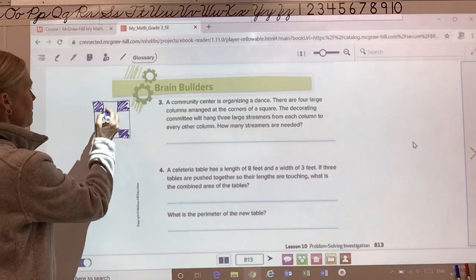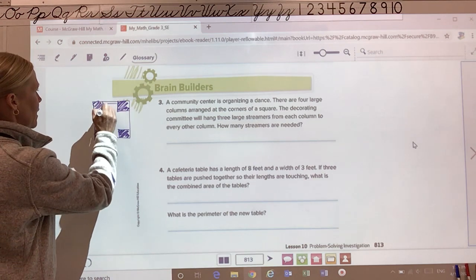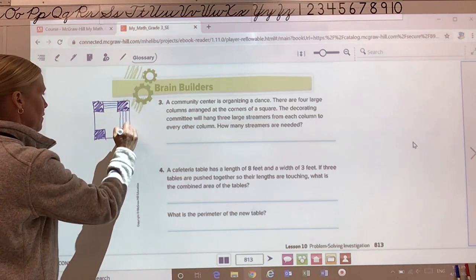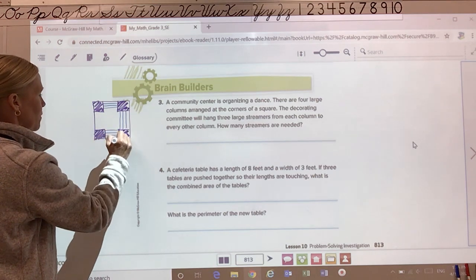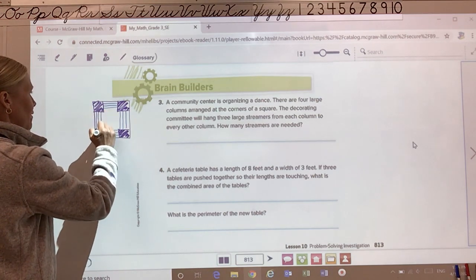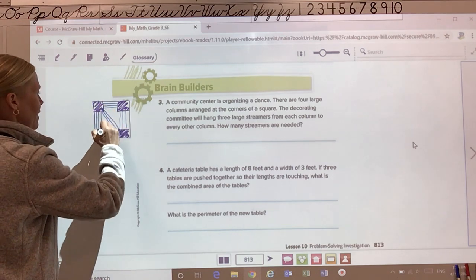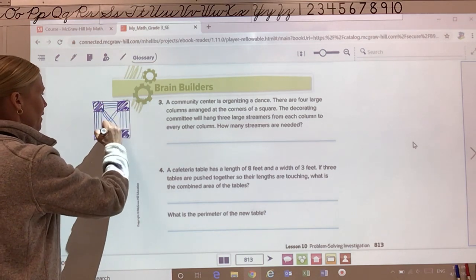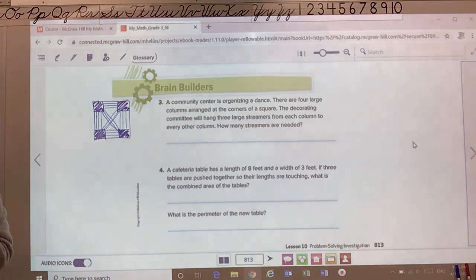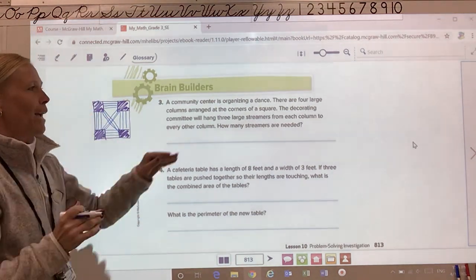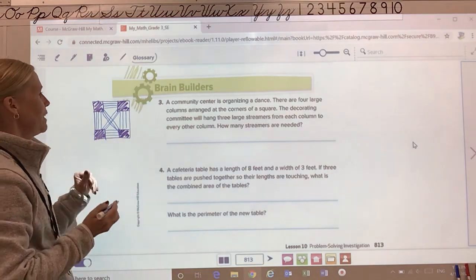So it ends up that we have 1, 2, 3, 1, 2, 3, 1, 2, 3, 1, 2, 3, 1, 2, 3, 1, 2, and 3. Okay, so now we have our picture, and when you count all of those up, how many streamers are going to be needed?